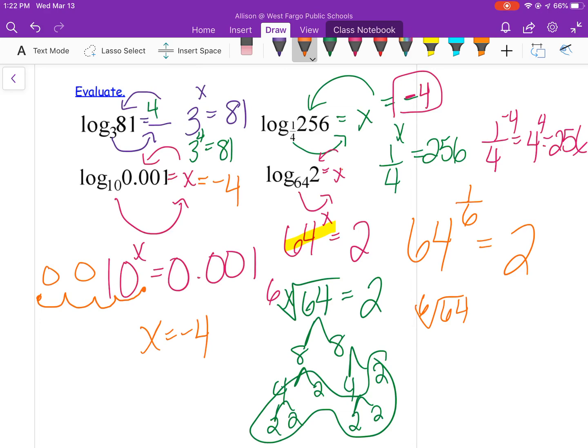So that means that log base 64 of 2 equals 1/6. So if you're going from a fraction to a whole number, you should think, oh, my answer has to have a negative exponent, like in this example. So I went from 1/4 to 256, so I had to have a negative exponent. If you're going from something large to small, then it has to be some sort of fractional exponent or a root.